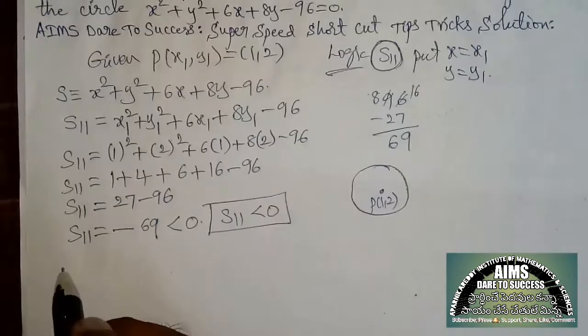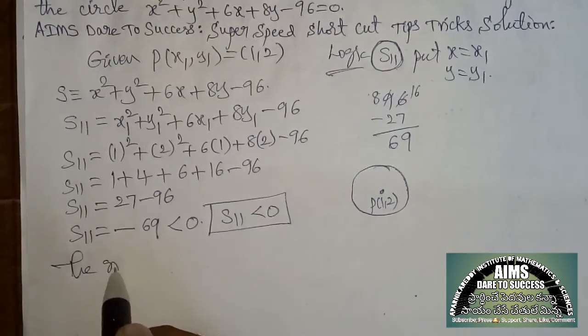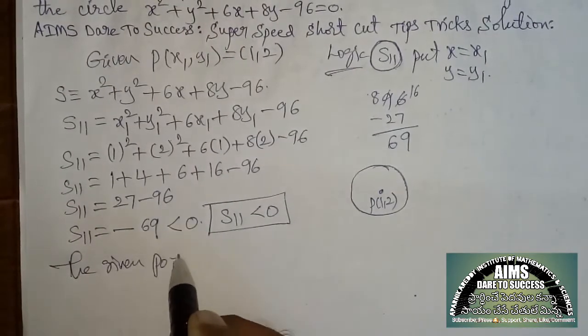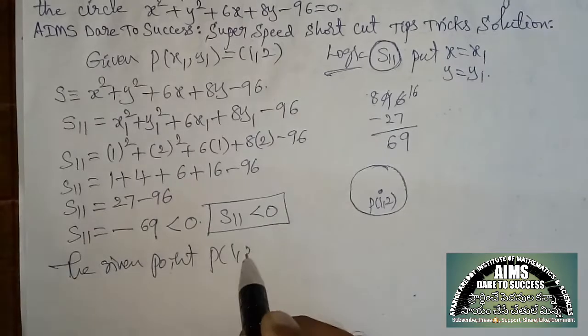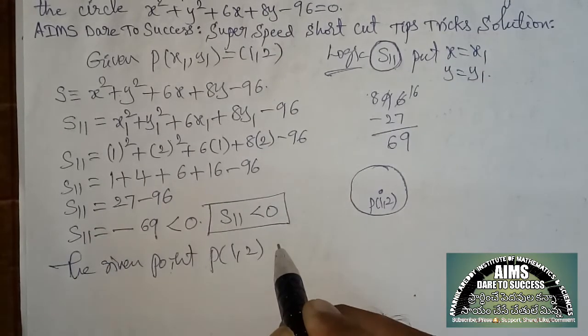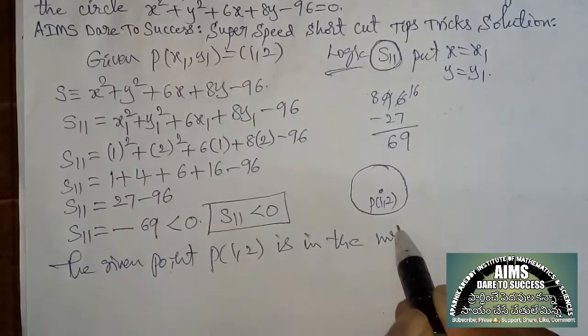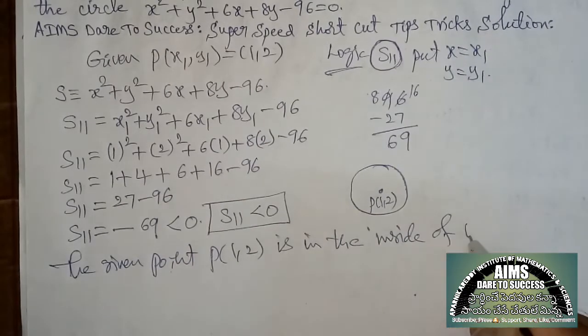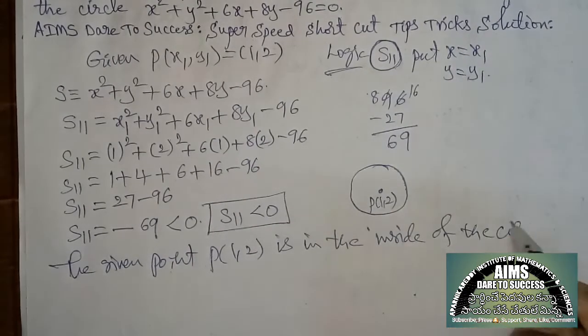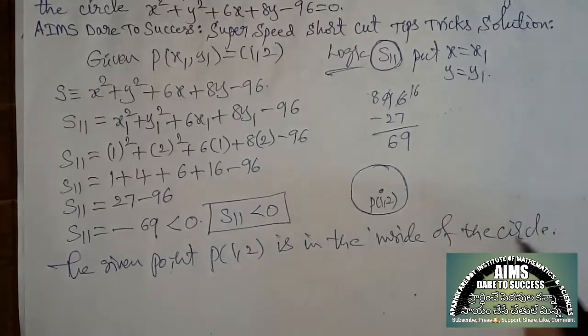Interior means inside of the circle. So the given point P(1, 2) lies inside the circle. This is the answer.